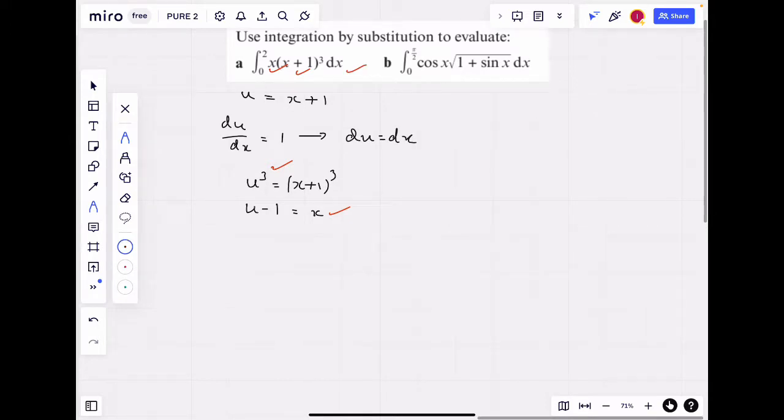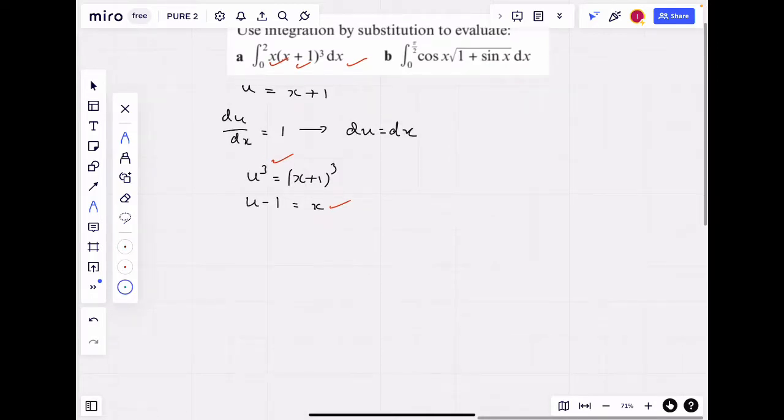Okay, in this case, you also want to adjust your limits. Your limits, this 2 and 0, are also in terms of x. You want it in terms of u. The way you're going to do that is by substituting it into your substitute.